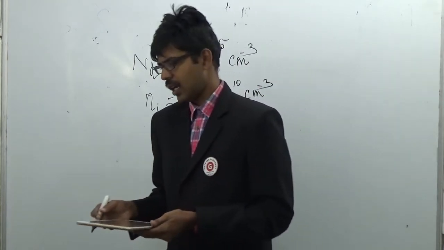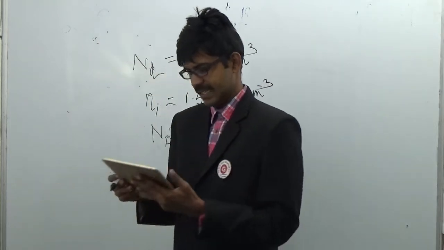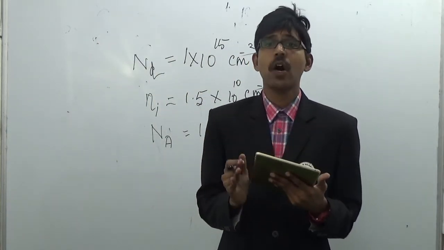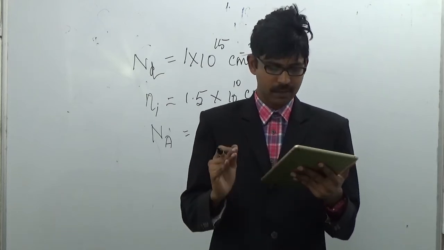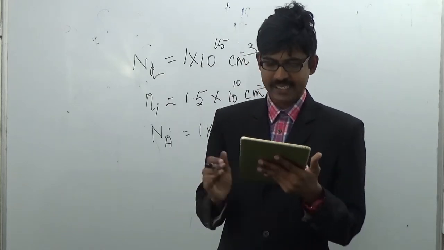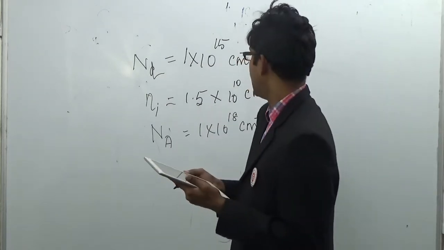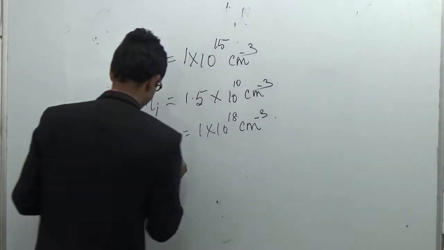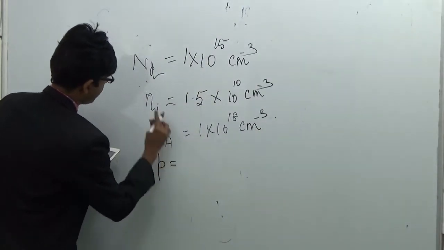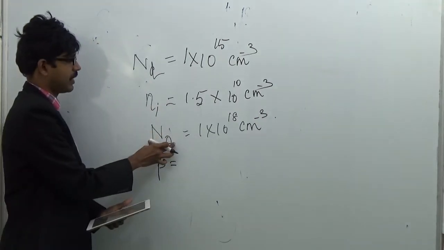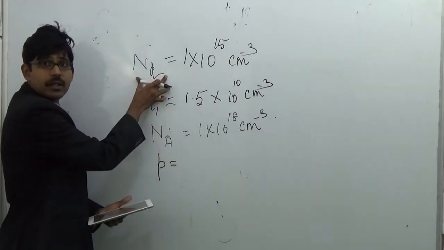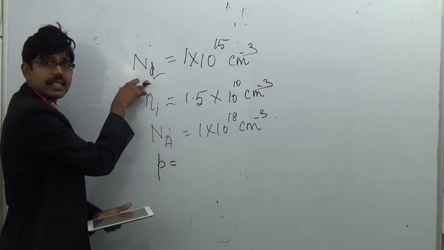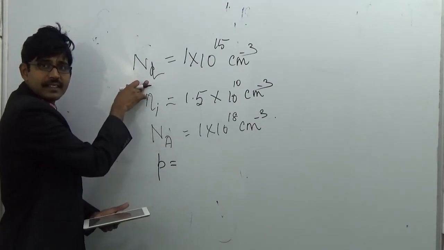Now, for finding this, first we need to find out the net holes. What is the total amount of holes existing in the material? That can be computed by the difference. This is the acceptor impurity, this is the donor impurity. The difference between them will give you the net holes.